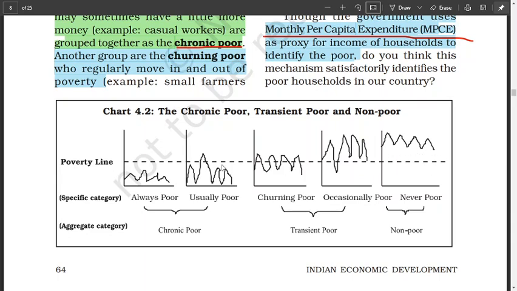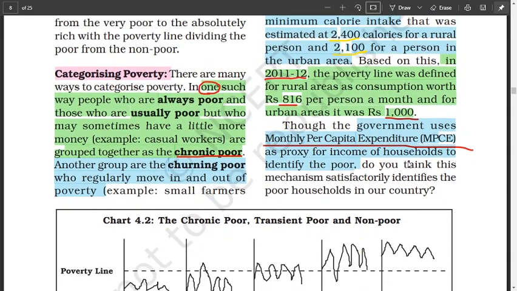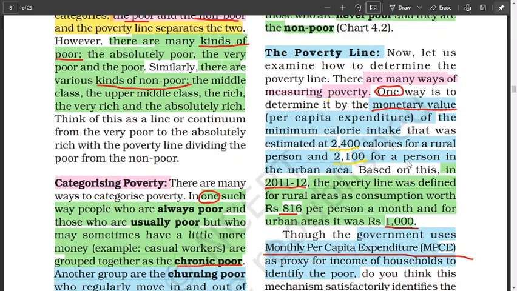Today what we want to do is to know what this line is that differentiates between poor and non-poor, to be able to explain that, and what the government has been using. There are many ways to measure it, but the one method we will look at is the monetary value of the minimum calorie intake.